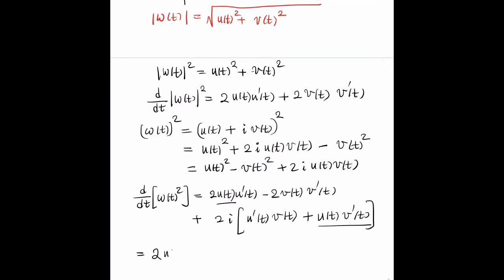So 2 u(t) times (u prime t plus i v prime t), and then what do I have? I have v. So 2i, let's take v(t) outside. So you take v(t) outside.